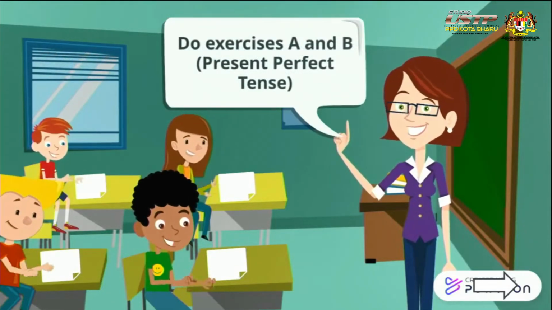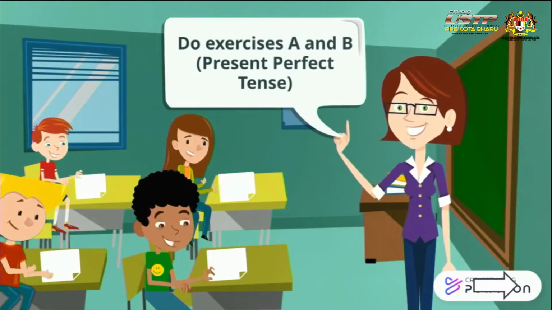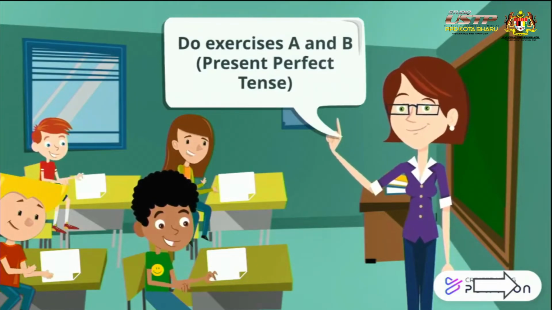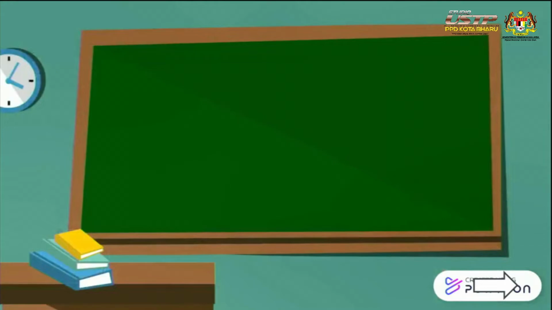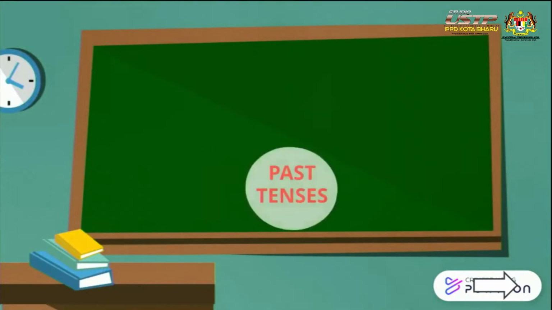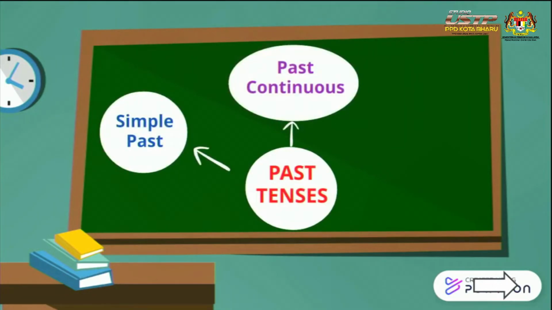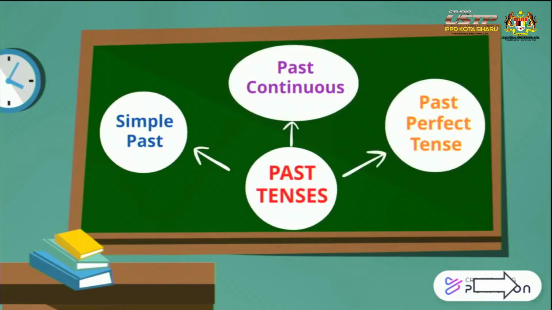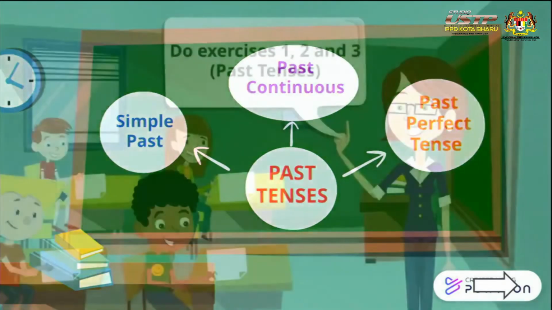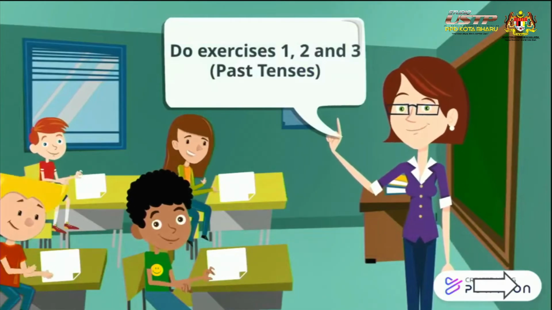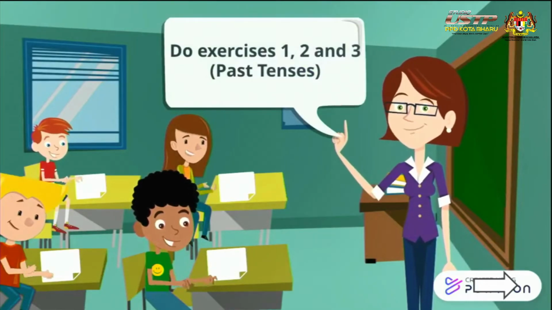Then the teacher asks the pupils to attempt exercises A and B for present perfect tense in groups. Based on a bubble map of past tenses, the teacher teaches simple past, past continuous, and past perfect tenses. Then, in groups, pupils attempt exercises 1, 2, and 3 for past tenses.